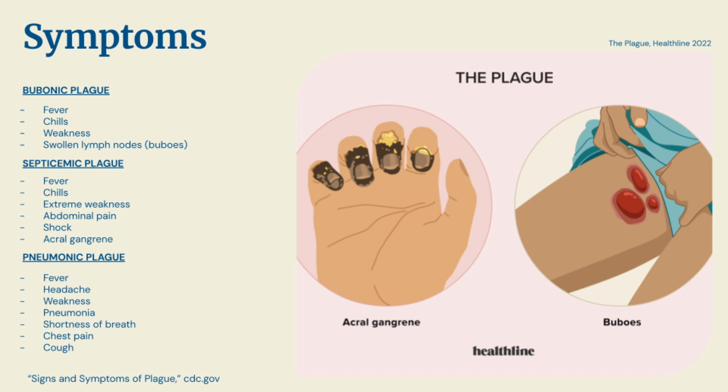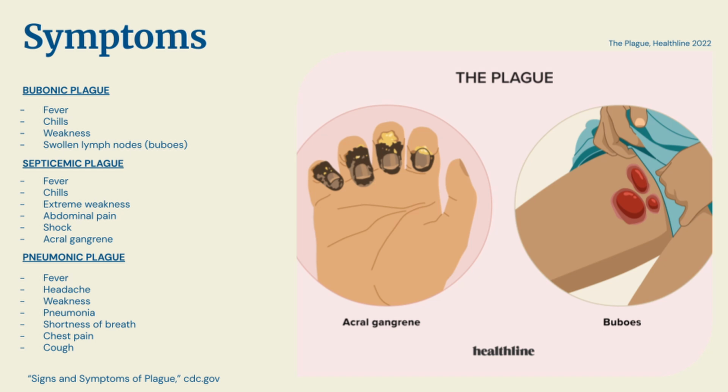Okay, so let's talk a little bit about the symptoms that you can experience if you have Yersinia pestis in your system. There are 3 diseases that Yersinia pestis can cause. The first is the bubonic plague, the second is the septicemic plague, and the third is the pneumonic plague. So the bubonic plague is an infection of the lymph nodes.